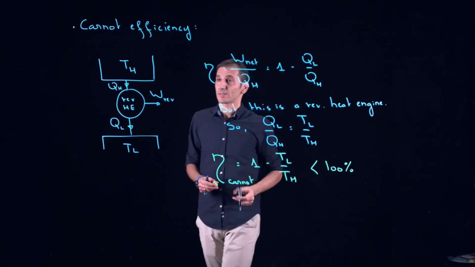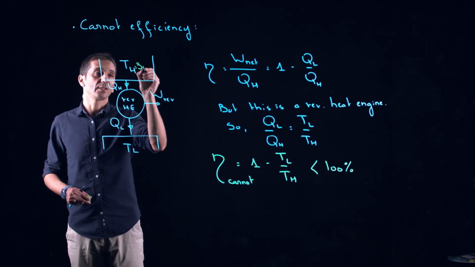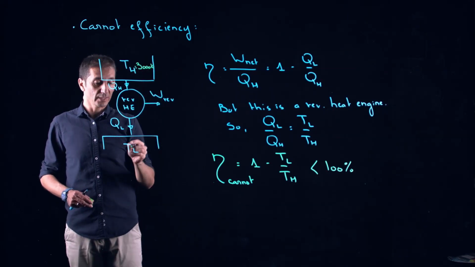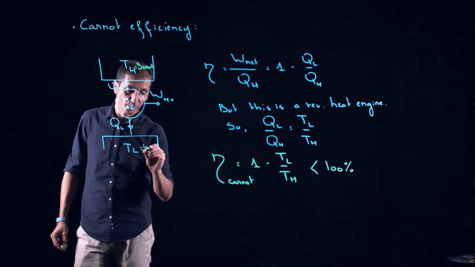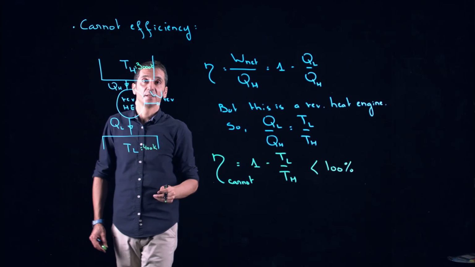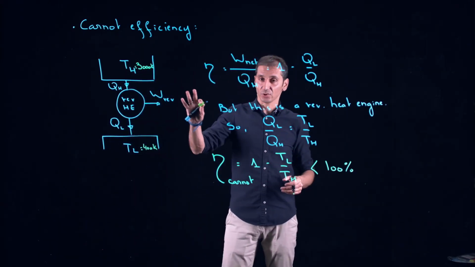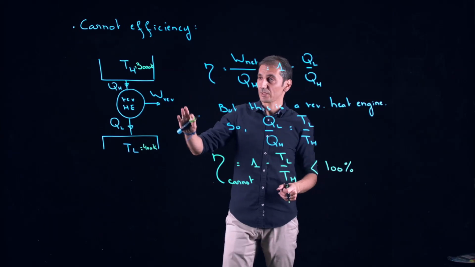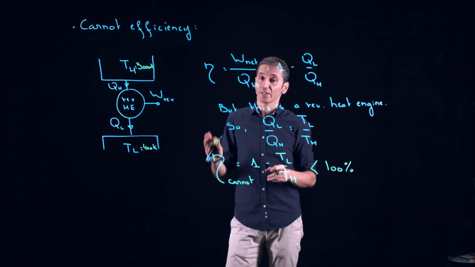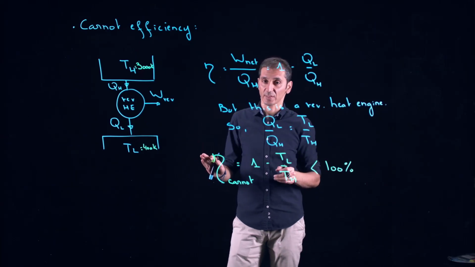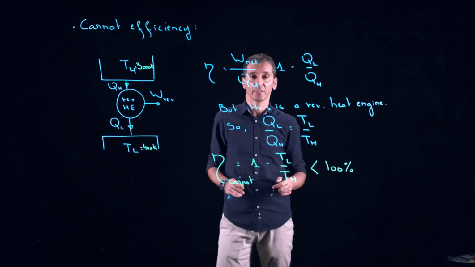So, for example, let's say if we pick TH as 3000 Kelvin, TL at 400 Kelvin. So this means that any heat engine I will be designing between 3000 Kelvin and 400 Kelvin cannot have a thermal efficiency which is higher than 1 minus 400 over 3000, okay?